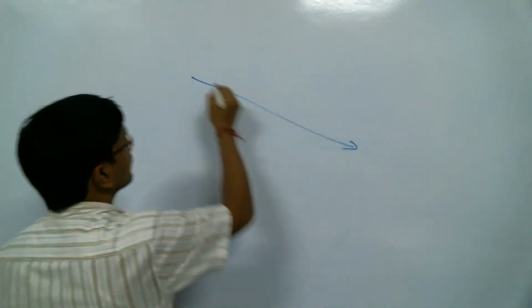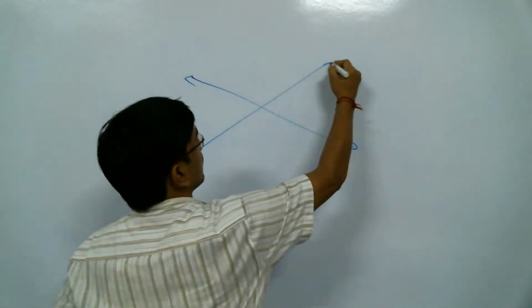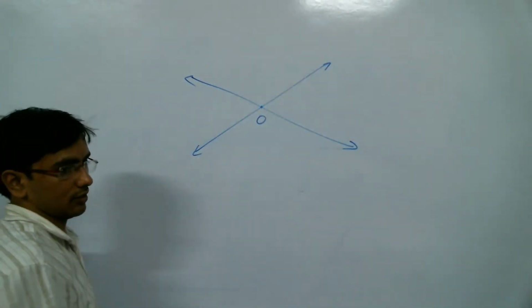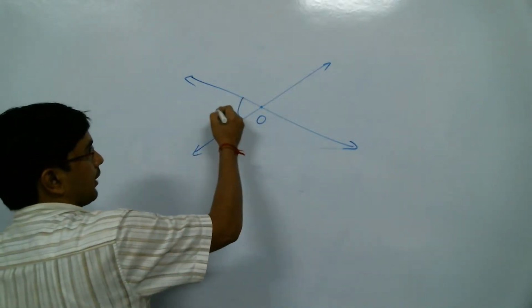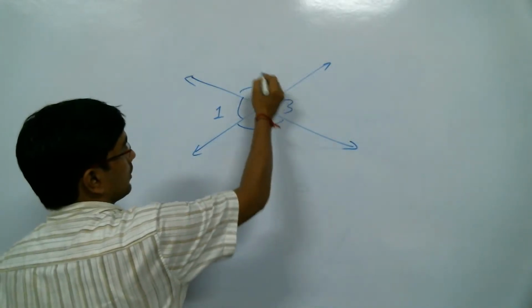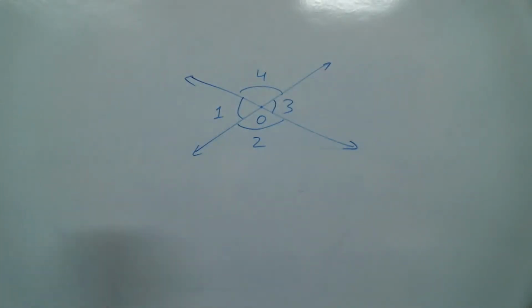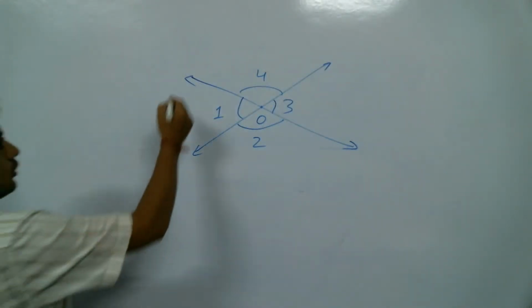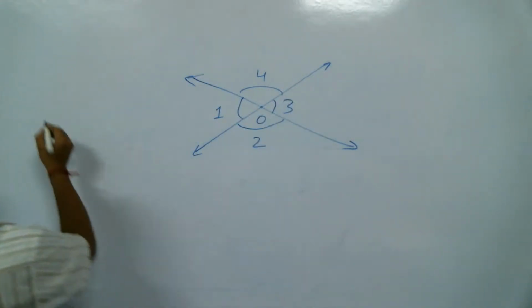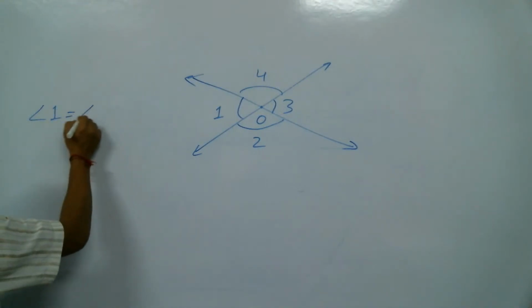So here what we want to say is, whenever a line cuts another line at a point, we call it the point of intersection. So here are four angles, 1, 2, 3 and 4. What we want to say is angle 1 is equal to angle 3. Angle 1 is equal to which one?